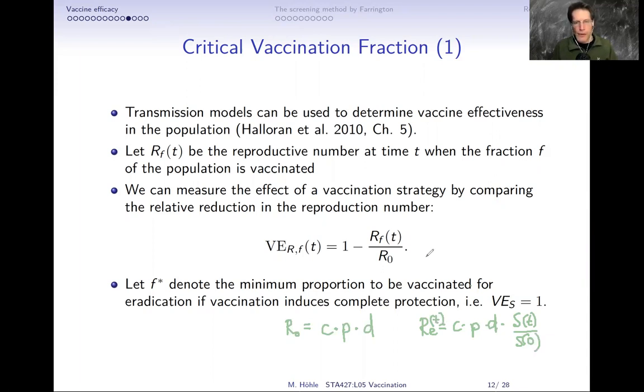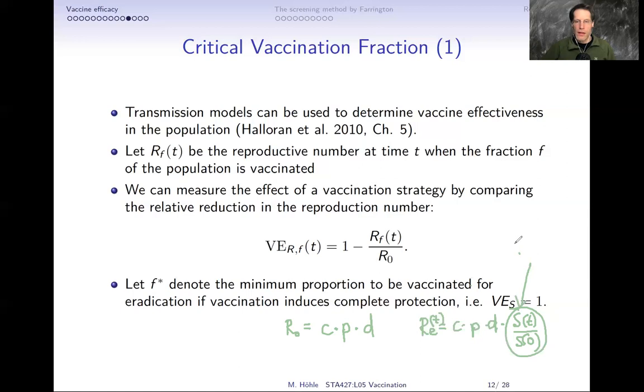And if we vaccinate, of course, this one will not simply reduce because of individuals turning from susceptible to infectious, but because there are fewer susceptibles available.